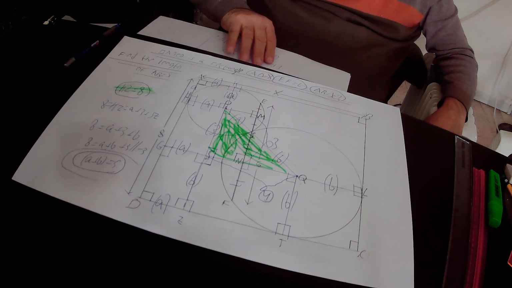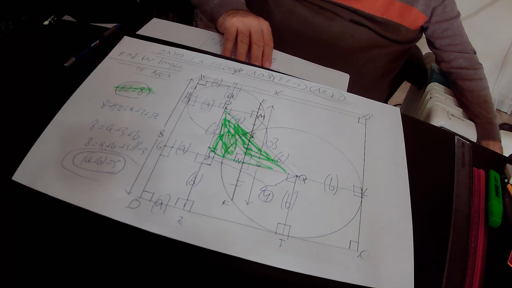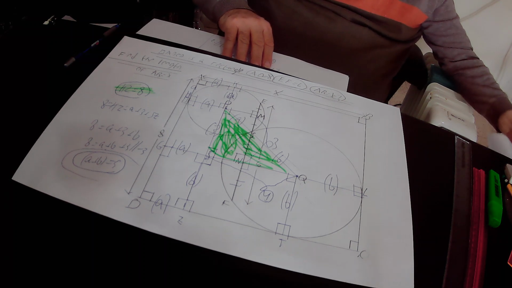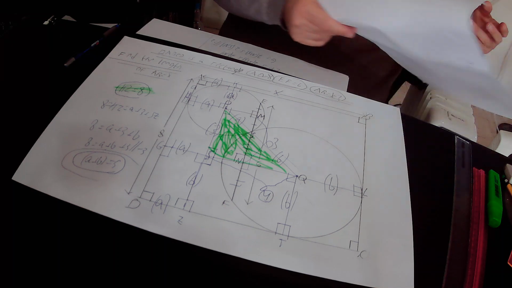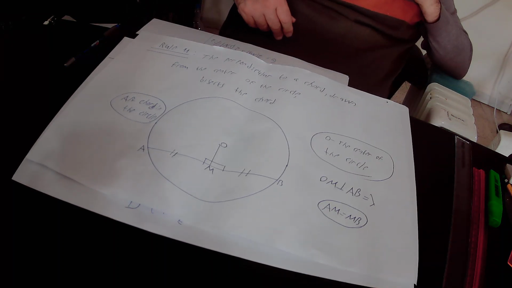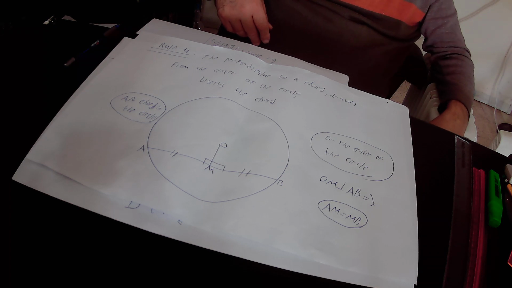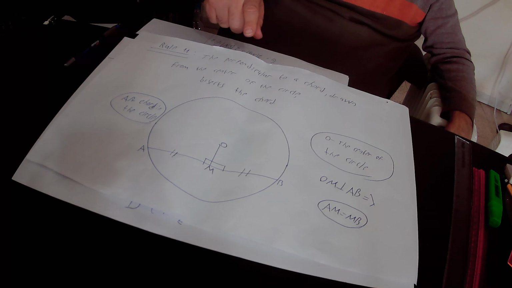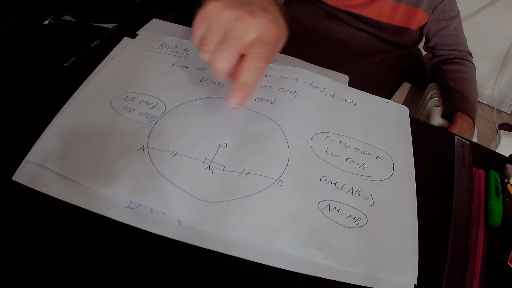In the next step, I presented to you a new rule and implemented the new rule in our drawing. According to the new rule, the perpendicular to a chord drawn from the center of the circle bisects the chord. In the drawing we have a circle.